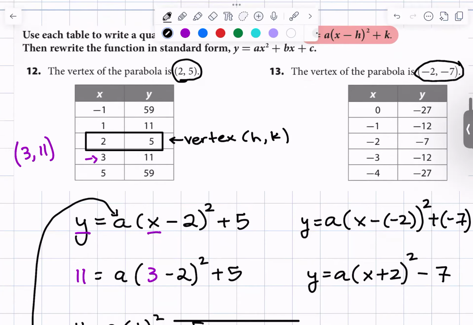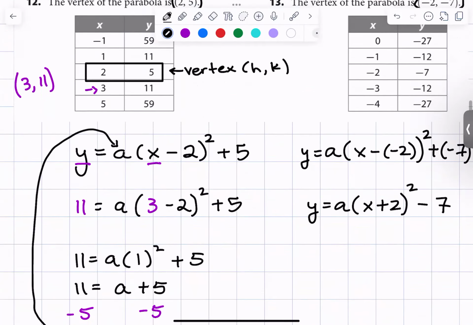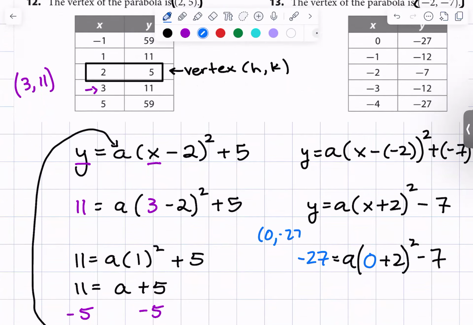Okay. And I can pick any other x and y. I'm going to pick that first one, 0, -27. So -27 equals a times (0 plus 2) quantity squared minus 7. I picked the point 0, -27.